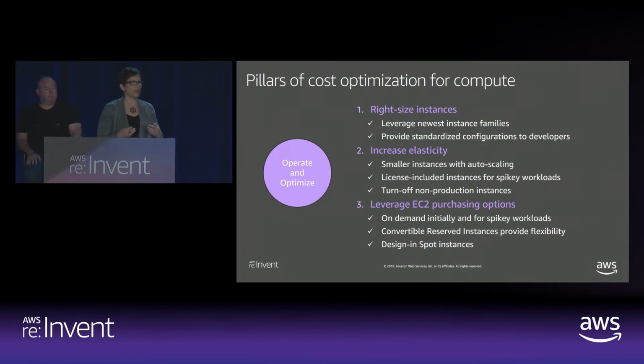But I encourage you to start leaning in and getting into reserved instances sooner rather than later. The way you can do this is with convertible reserved instances, which allow you to automatically, through an API, trade in your instances when you want to go to a different instance family. Finally, start designing in to use spot instances by making your applications more fault tolerant.